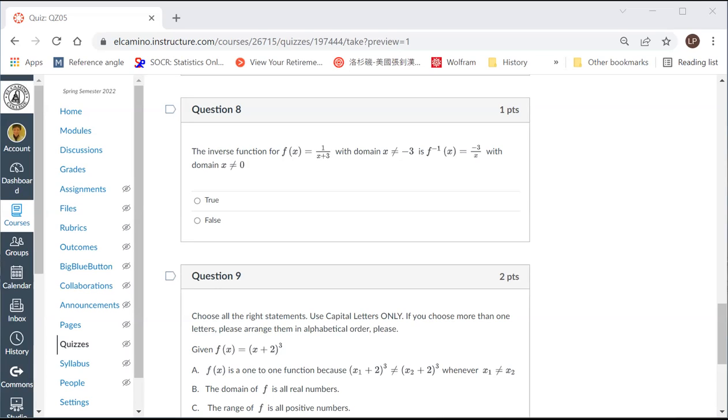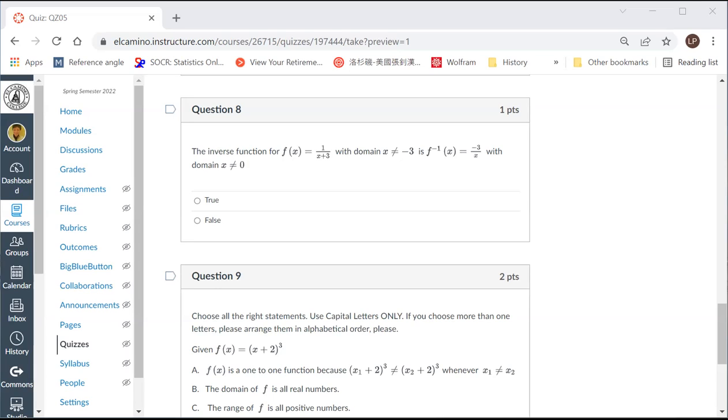We examined that, is f inverse of x equal to negative 3 over x with domain x is not equal to 0?